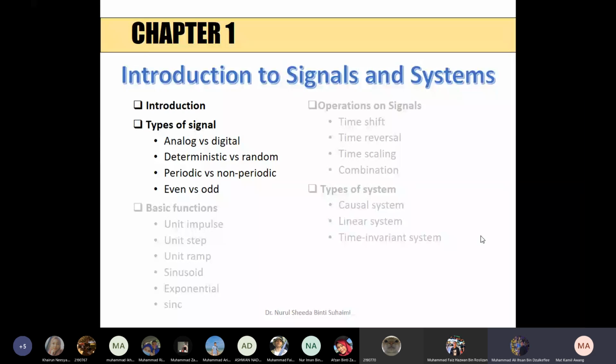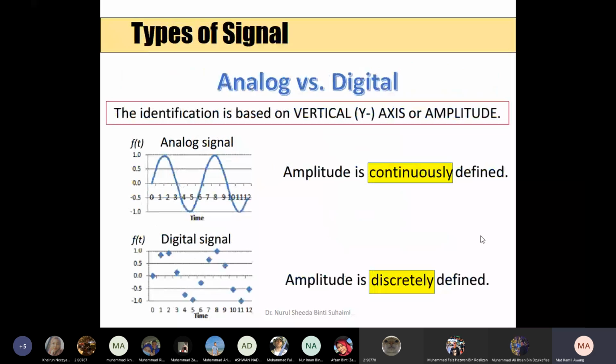Okay. Now we go into types of signal. We are going to cover 8 types of signal, which is analog versus digital, deterministic versus random, periodic versus non-periodic, even versus odd. Okay? So analog signal is basically that where the amplitude is continuously defined. So it's a real number, not a discrete number.